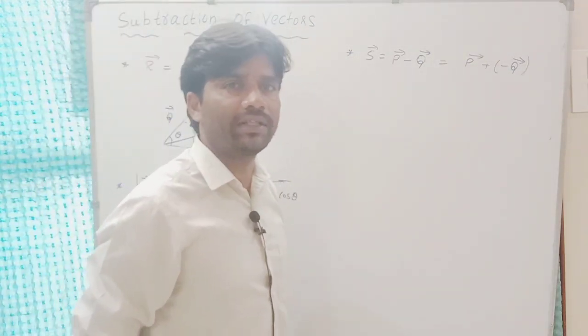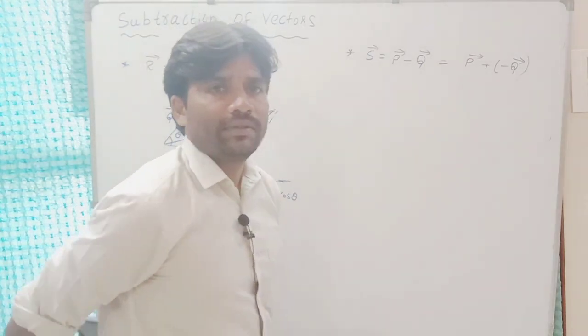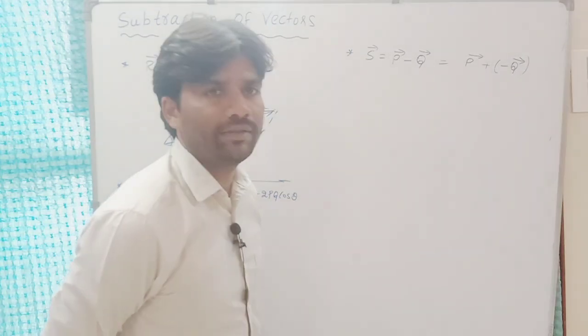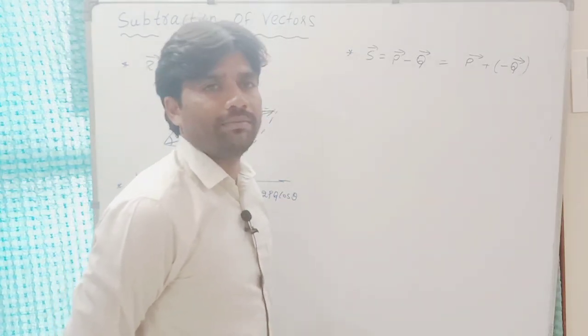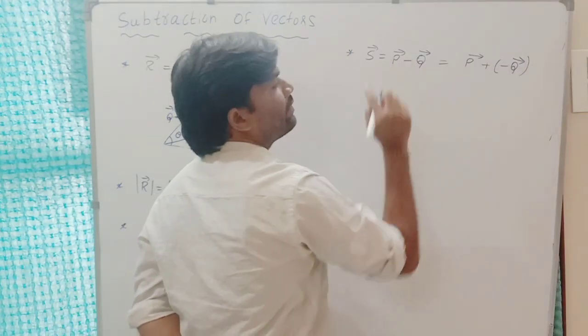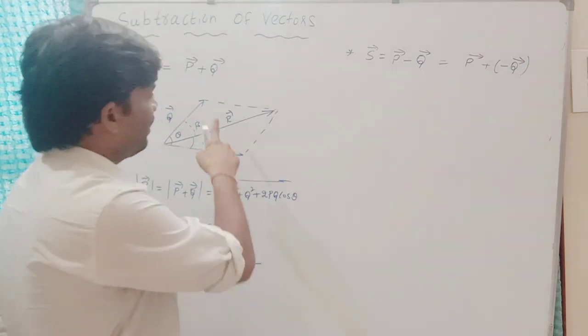Adding the negative vector of Q to P gives the subtraction of Q from P. P minus Q is nothing but P bar plus minus Q bar. This minus Q is the negative vector of Q. So I can show this geometrically.